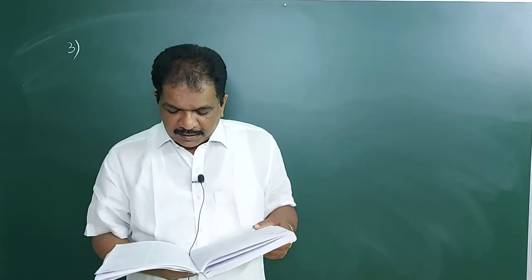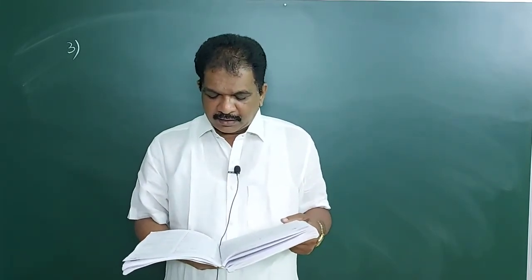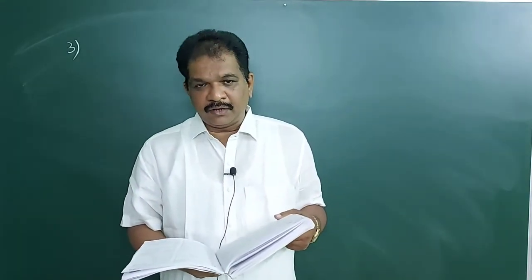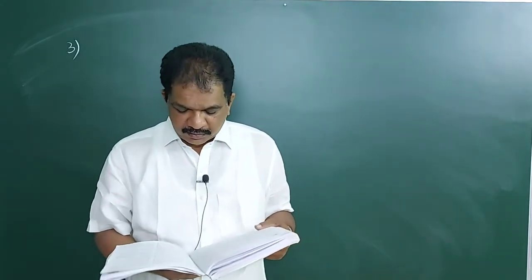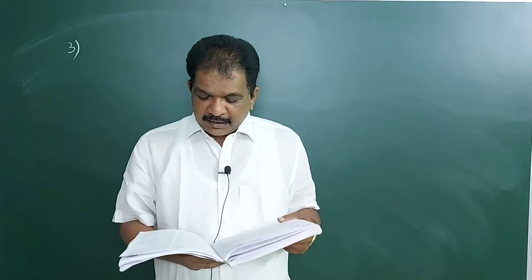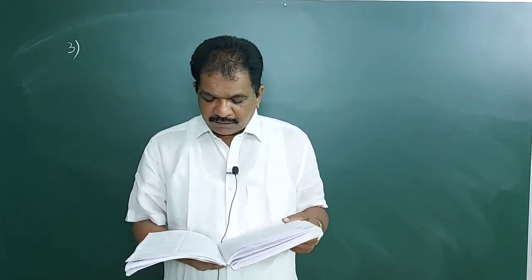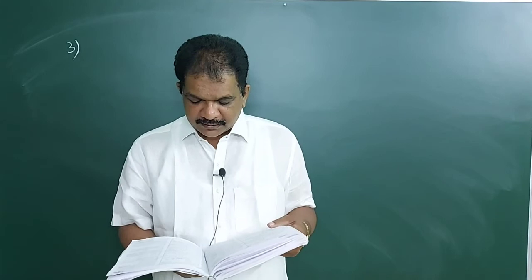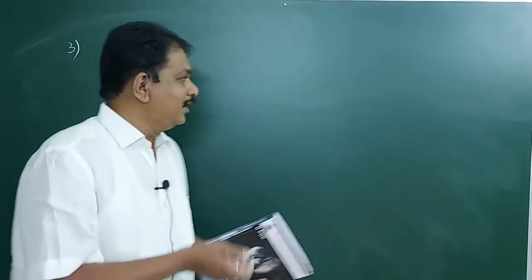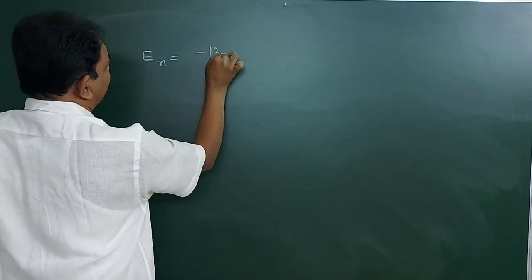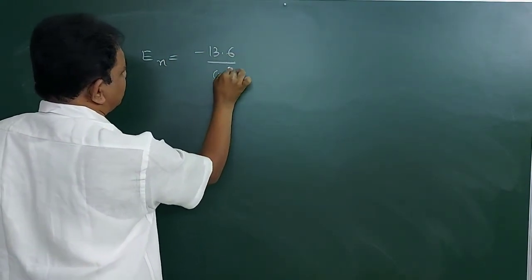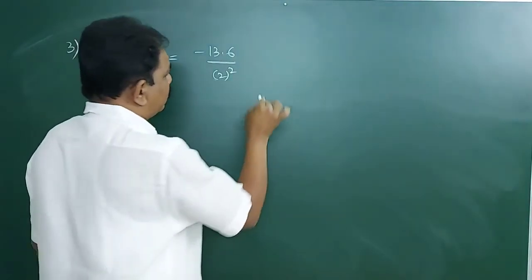The total energy of electron in the ground state of hydrogen atom is minus 13.6 electron volt. The kinetic energy of electron in the first excited state is, so En is equal to minus 13.6. First excited state means n equals 2.